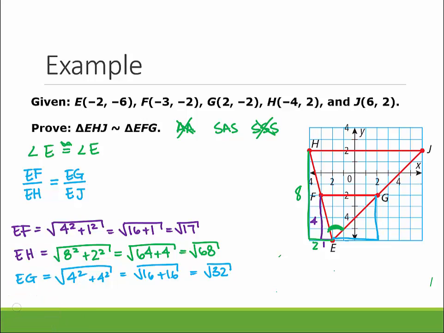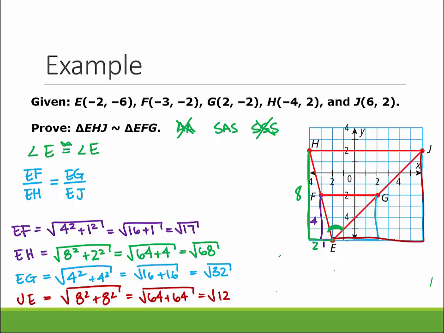And then finally the last one, lots of counting here, but JE is down 1, 2, 3, 4, 5, 6, 7, 8, plus over 1, 2, 3, 4, 5, 6, 7, 8. So you end up with 64 plus 64, or the square root of 128.